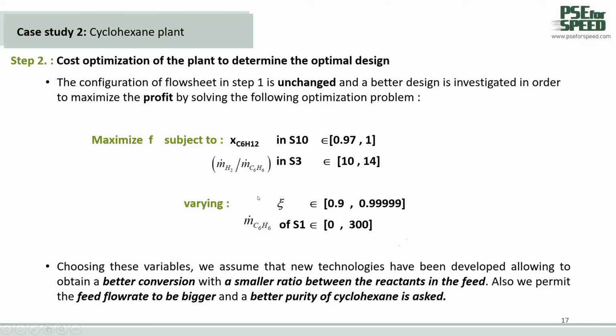In this step, we will maximize the profit by varying the conversion of benzene within this range, and we will vary the flow rate of the benzene feed within this range. The constraints in this case are that the purity of the cyclohexane must be in this range, and the ratio of the reactants must be in this range.